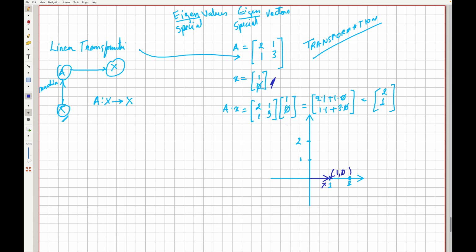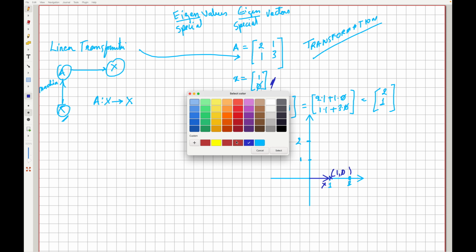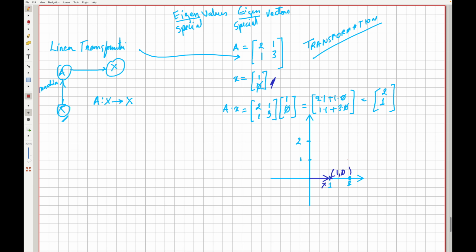What happens when we transform the vector? Its new coordinates are 2 1, so x-axis 2, y-axis 1. Let's plot that in a different color, right here.